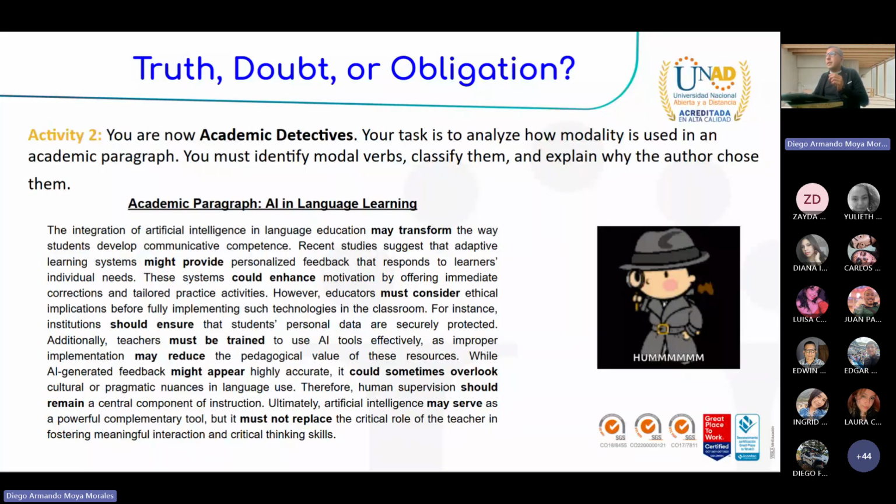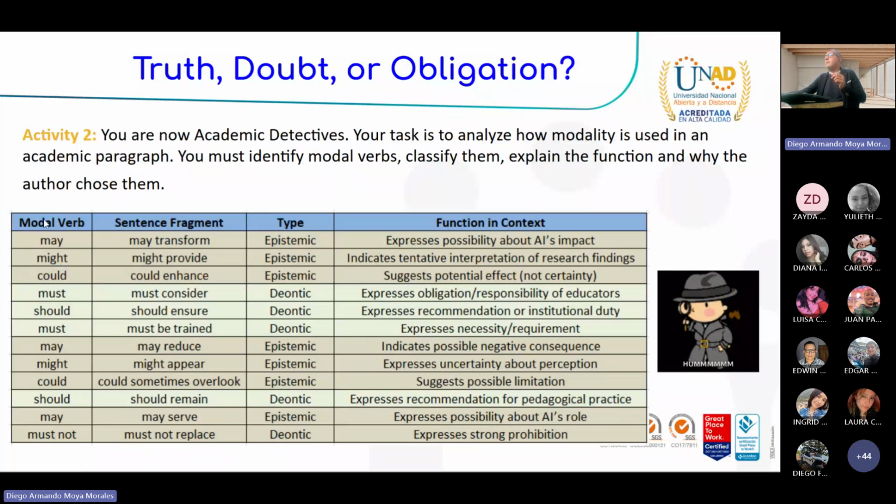Do you want to check all the answers? So definitely here. You see? So we have all the answers, and every single modal verb has a type, remember, an obligation or a possibility, and it has a function in the text or in this particular academic context.